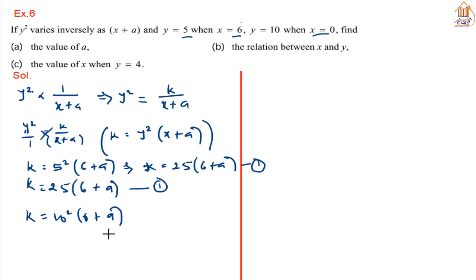Now 0 plus a is going to give us a, and 10 square is going to give us 100. So we have k is equal to 100 open bracket a close bracket. Let's call this our equation 2.